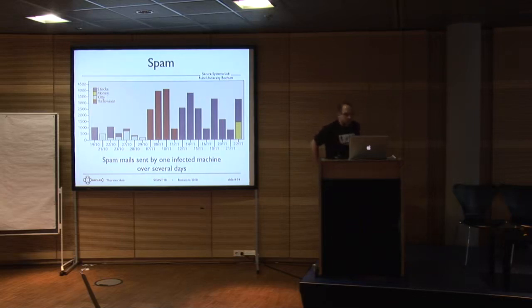Okay, how are attackers using these kinds of botnets? Typically, in the case of Storm and also many other botnets, they just send out spam mails. This was done over a couple of weeks, and we tracked what kind of spam mails they sent. You see that they typically sent different campaigns targeting different days.